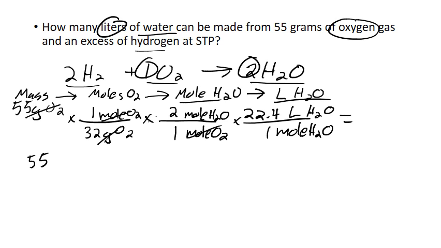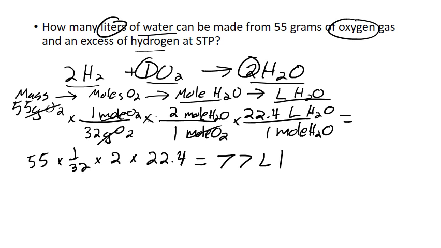It's just 55 divided by 32, times 2, times 22.4. And that will give me 77 liters of H2O.